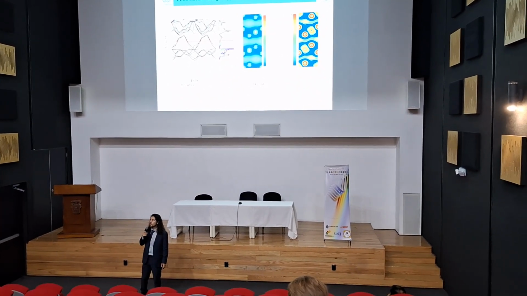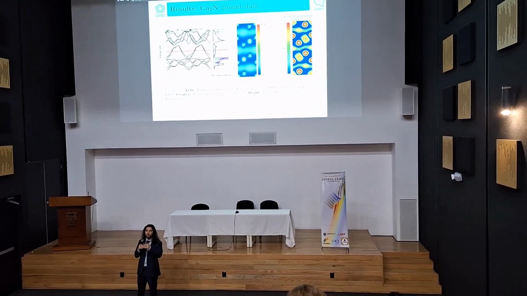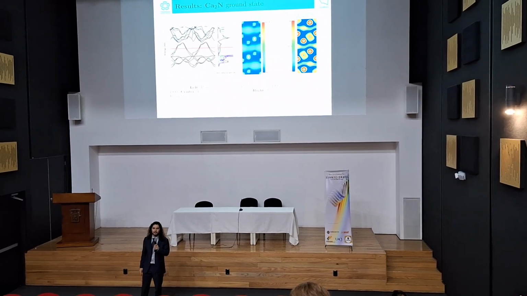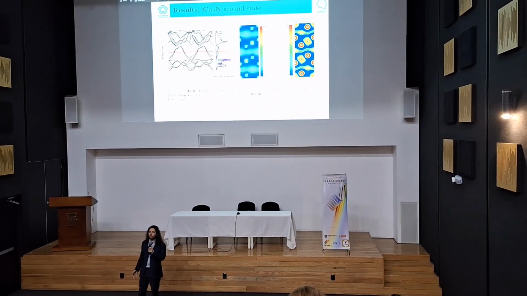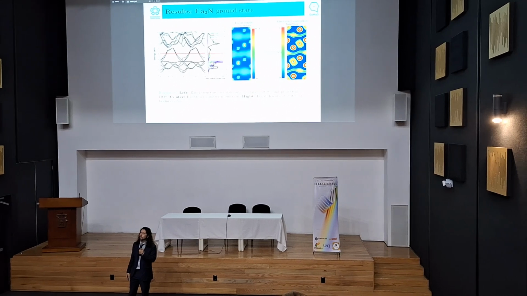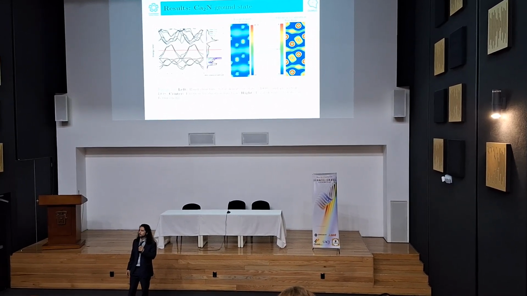So as you can see, between the layers of the compound, we have both localized and delocalized anionic electrons. The delocalized anionic electrons are responsible for the electrical conductivity of the material.